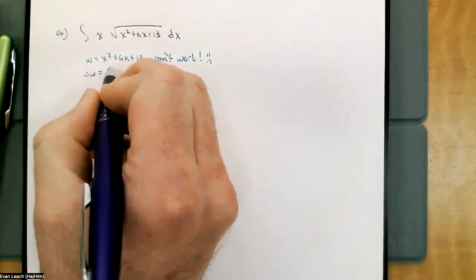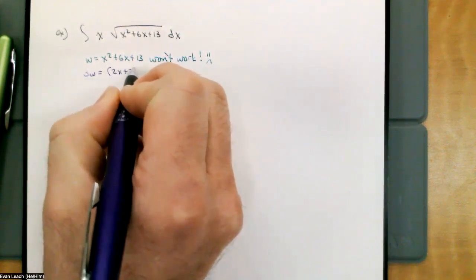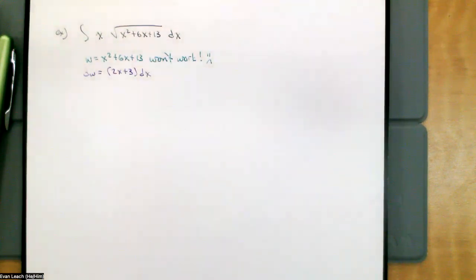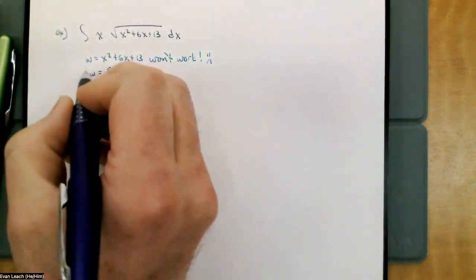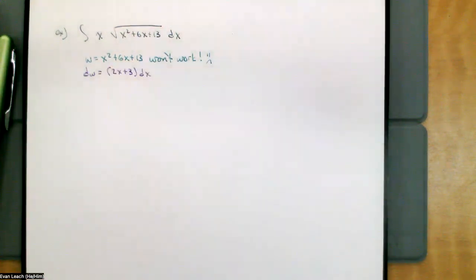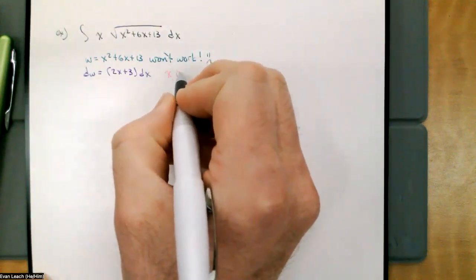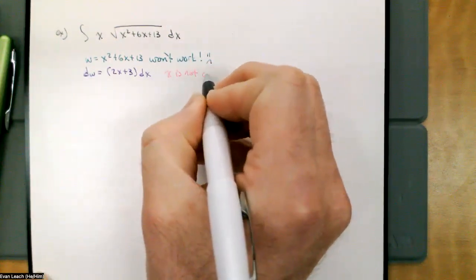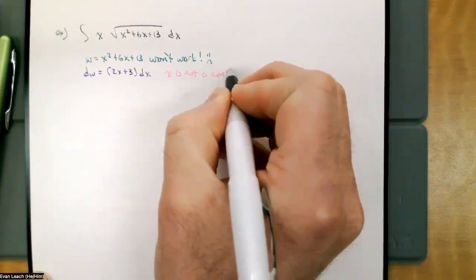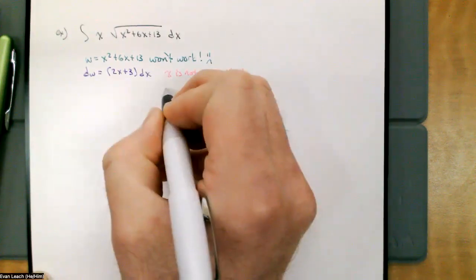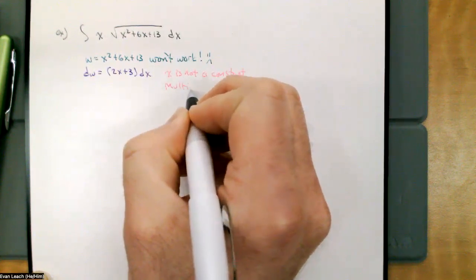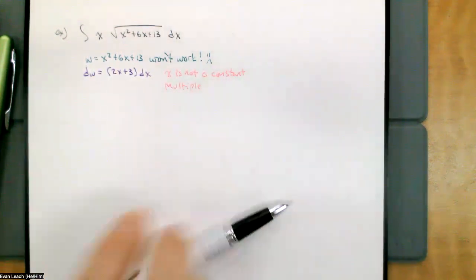dw is 2x plus 6 dx, and x is not a multiple of this. x is not just a constant multiple of 2x plus 6.